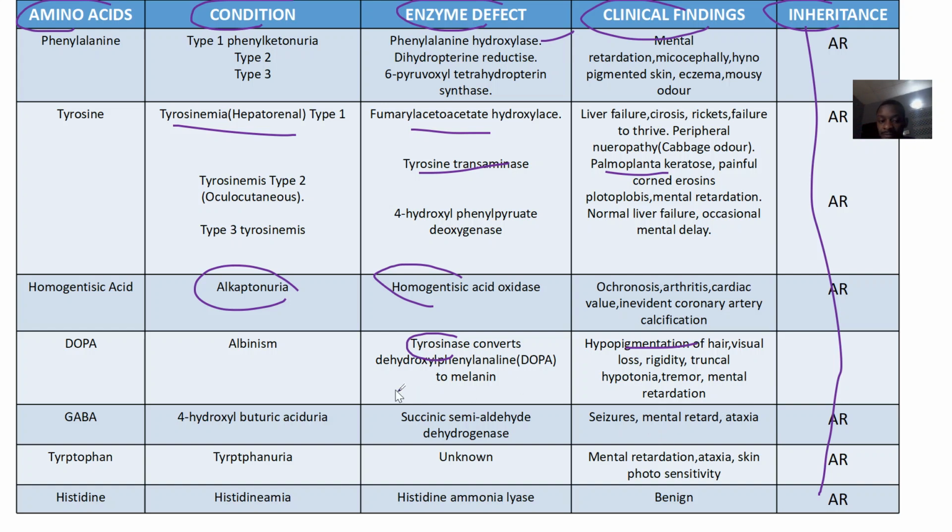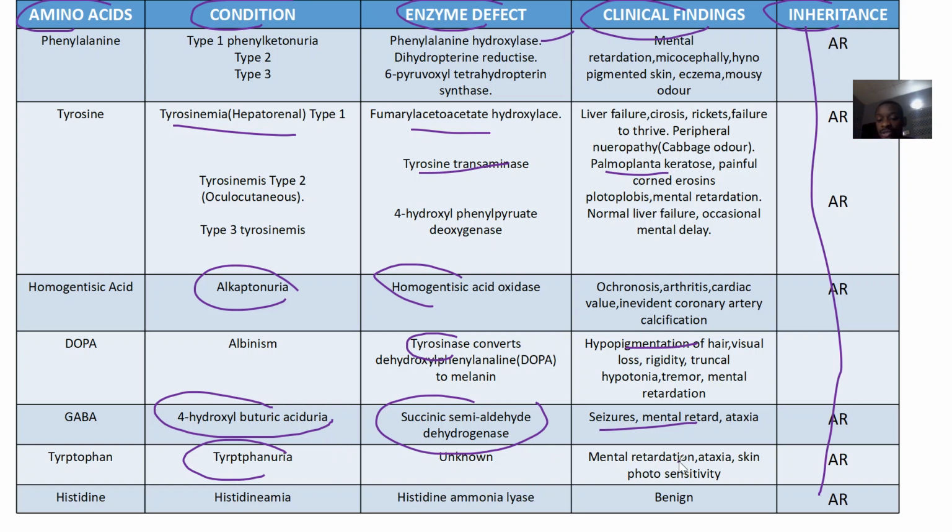Then for GABA, 4-hydroxybutyric aciduria, the defective enzyme is succinic semialdehyde dehydrogenase. Then you can have seizures, mental retardation, and ataxia coming up. For tryptophan, you have tryptophanuria. The enzyme is unknown.